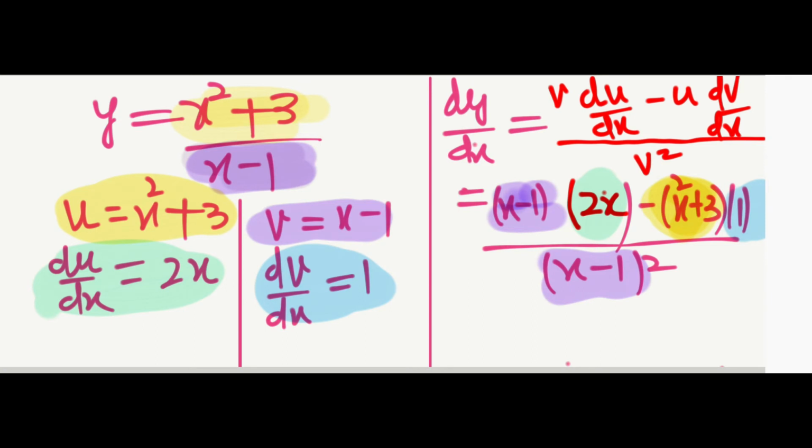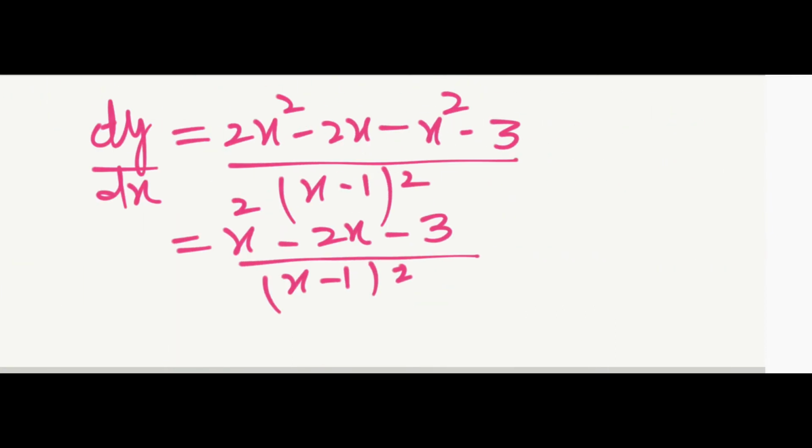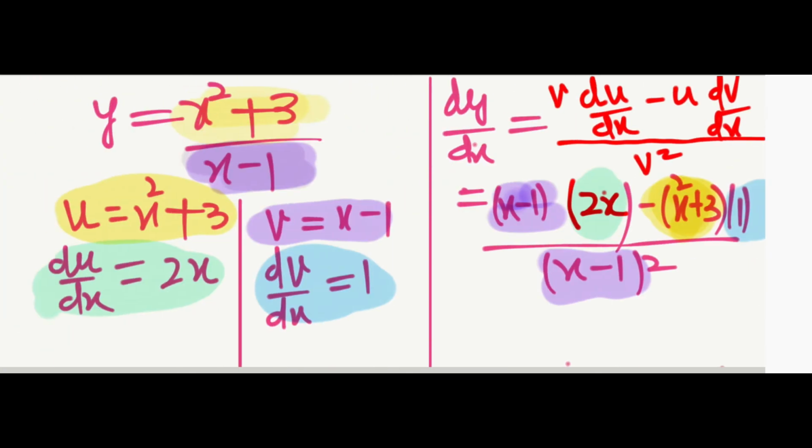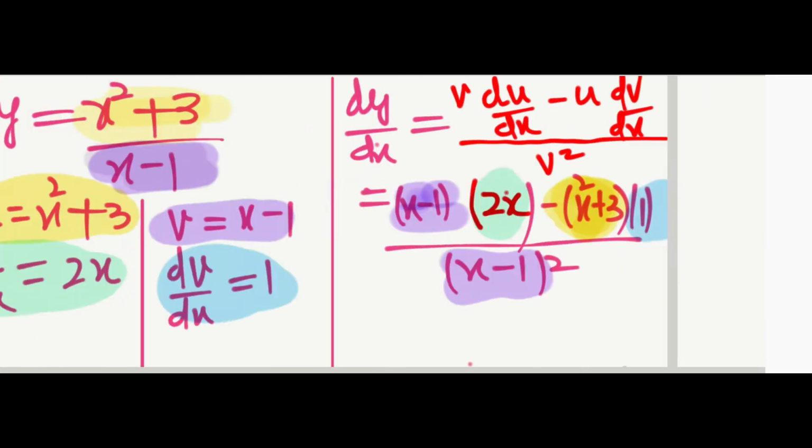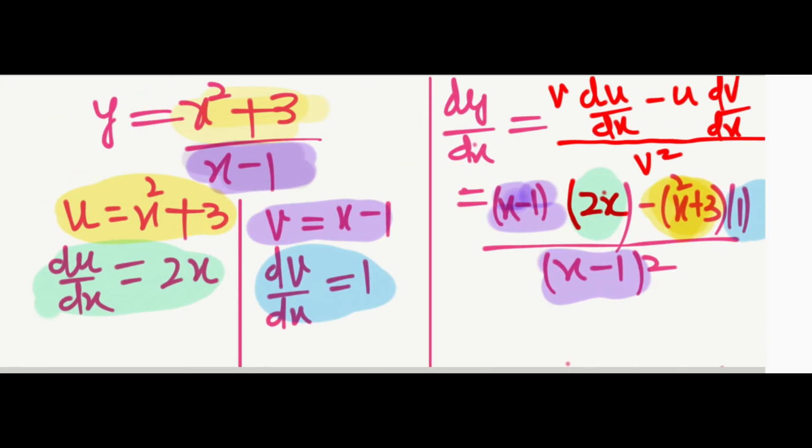Now solving these brackets, we can write 2x square minus 2x minus x square minus 3. Minus 3 because outside the bracket it was negative. Upon, in the denominator it is x minus 1 whole square.